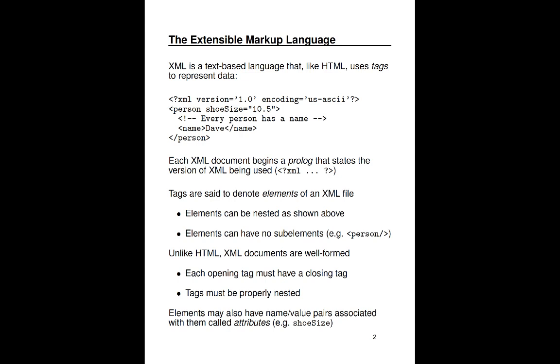Note also that it's possible for an XML element to not have any sub-elements. So you can have a person tag that just begins with less than person, and then immediately ends with a slash greater than. Now, unlike HTML, which a number of you might be familiar with, XML documents are said to be well-formed, which means that each opening tag must have a closing tag. HTML is purposefully tolerant of malformed data.